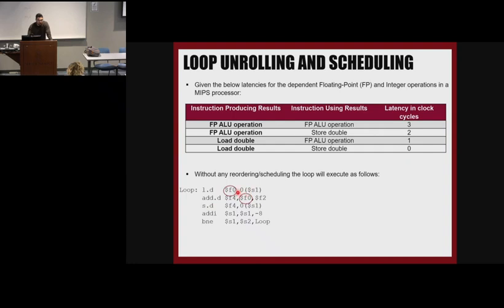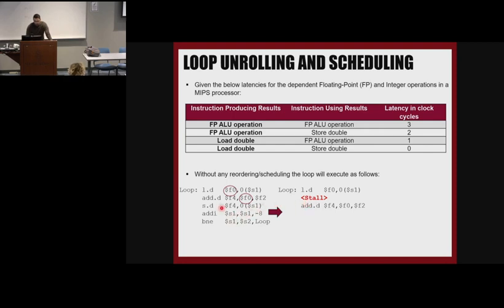So you do see a dependency here. If I look at the table, I have a load, and then a floating point ALU operation, so I have to stall the pipeline for 1 clock cycle. So it's going to look like this: we have a load, we have a stall, and then we have the add instruction here.